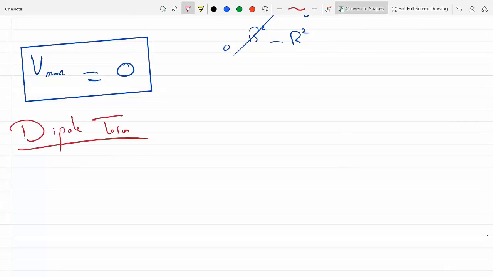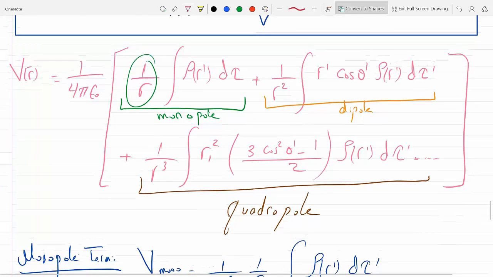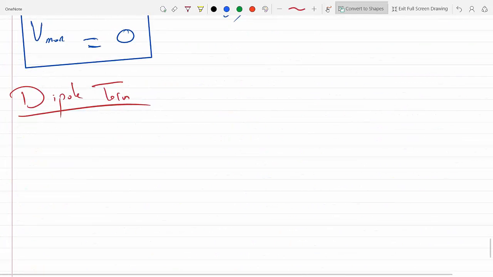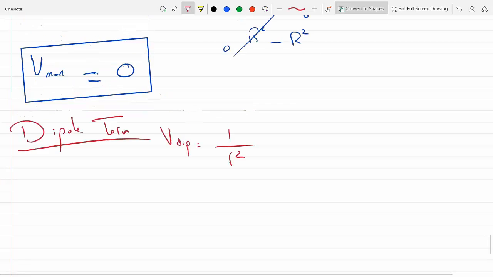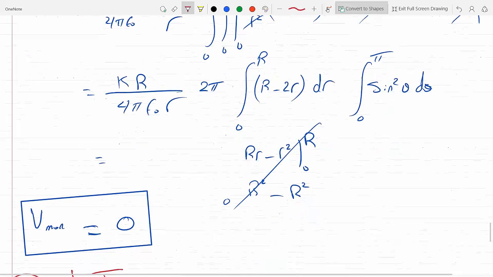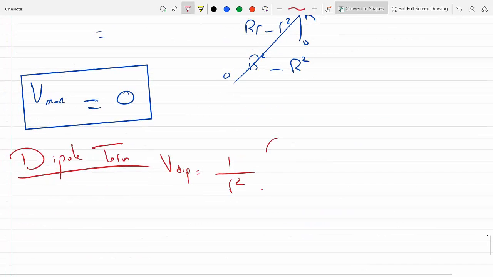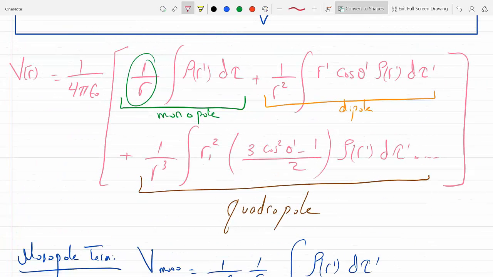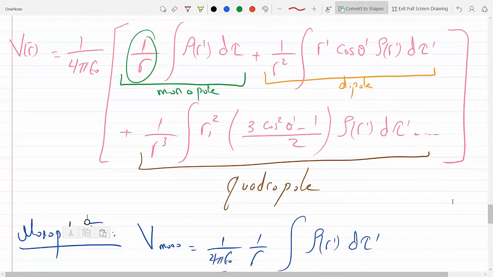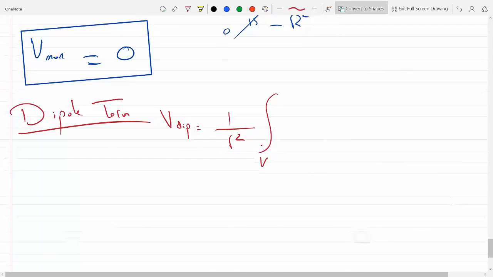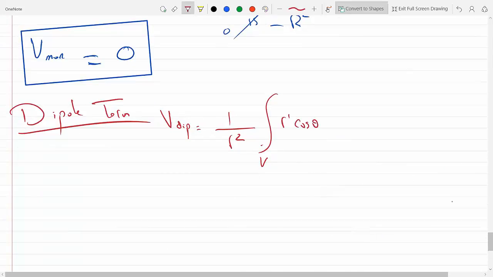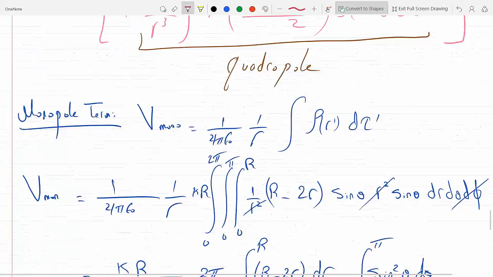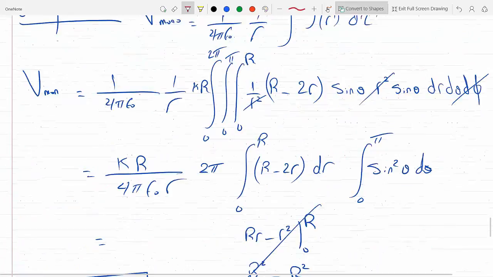So the dipole term is the second guy here. So that's V dipole is 1 over r squared, volume integral. What was it? I could have just copied and pasted that. R prime cosine theta prime, rho of r prime.